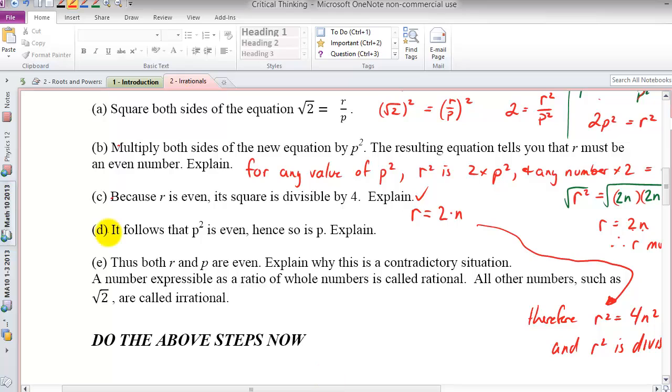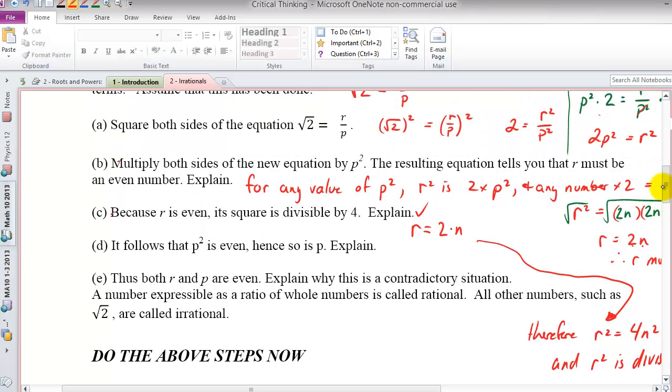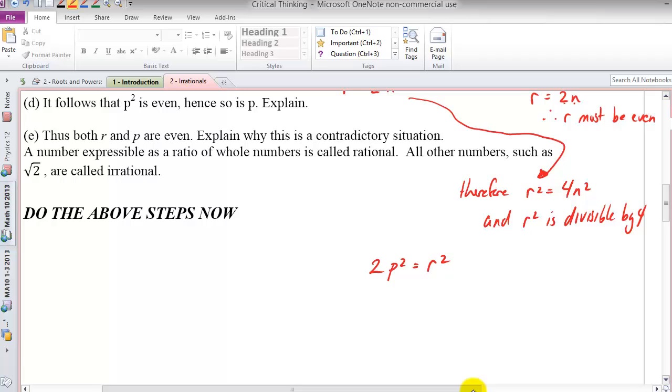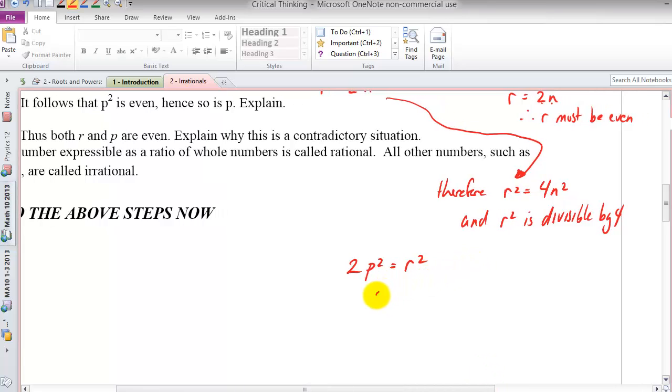Alright, we're getting there. Now we're at D. It follows then that p squared is even, hence so is p. So we have 2p squared equals r squared, and we're saying that 2p squared is equal to 4n squared. So p squared is equal to 4n squared divided by 2, which is equal to 2n squared.